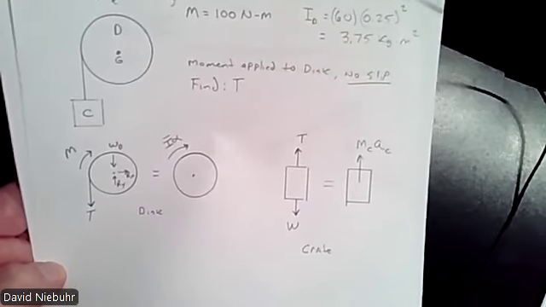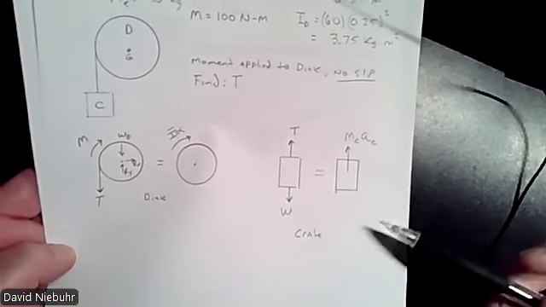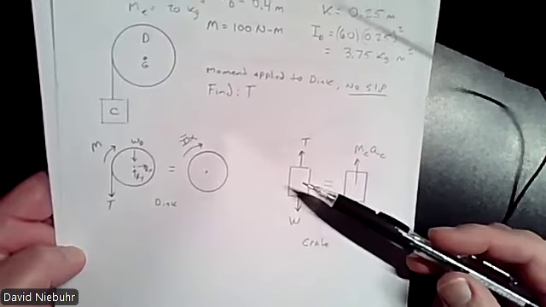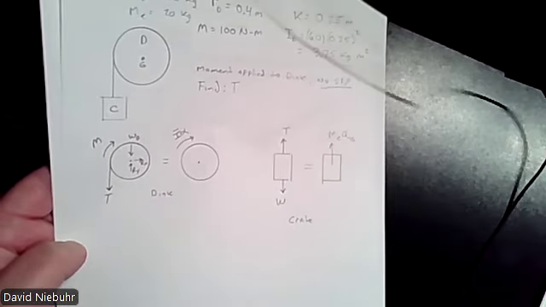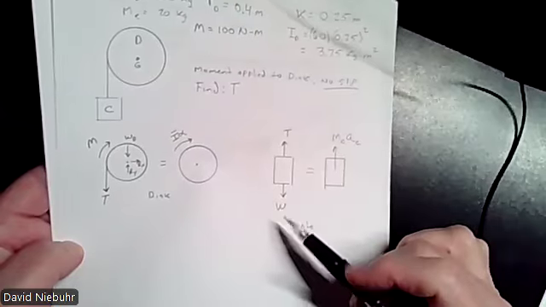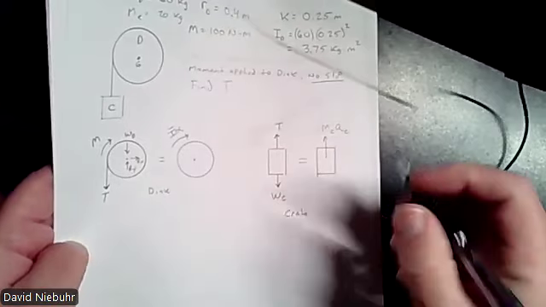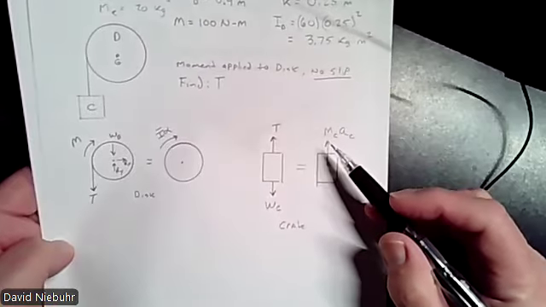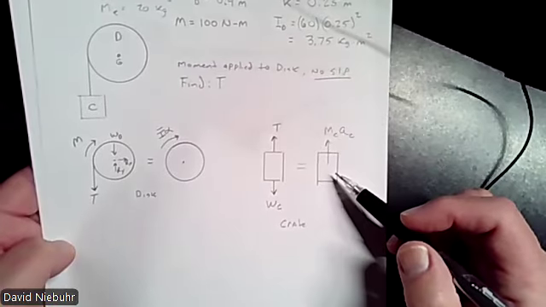On the other side, for the mass C, our crate, we have the tension up and the weight of C going down, and that equals the mass of C times the acceleration going up.